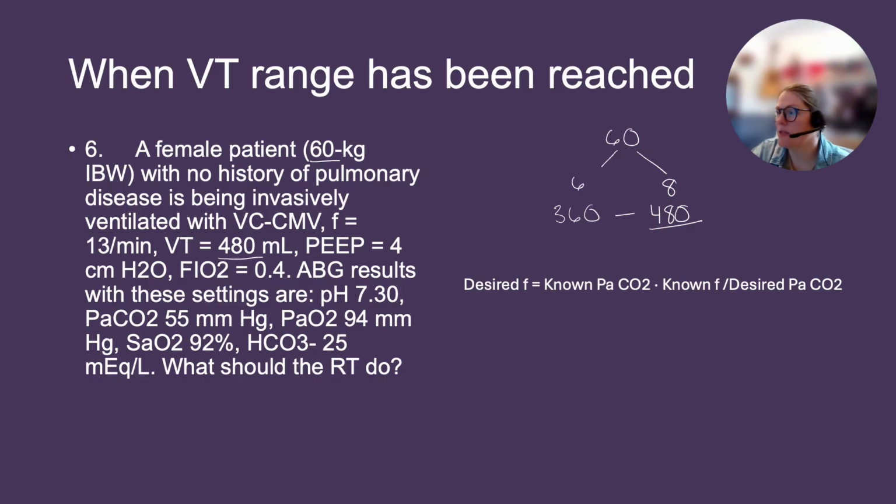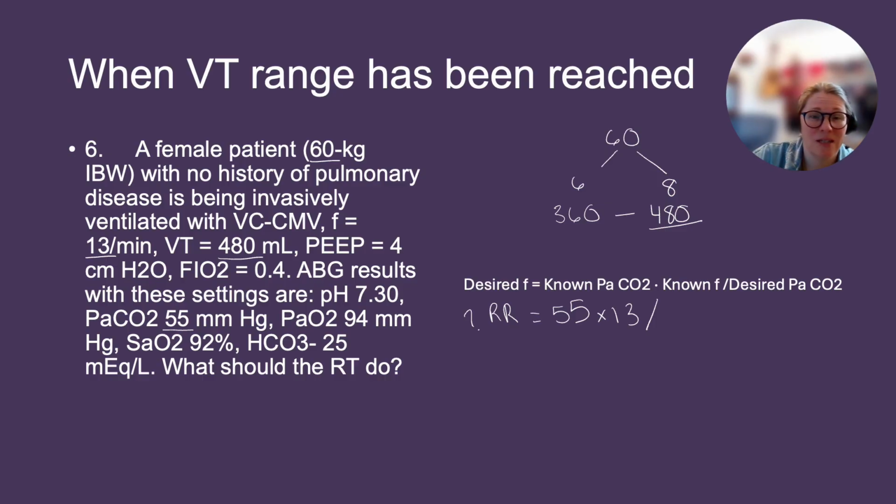Our known CO2 is 55. Our known respiratory rate is 13. And it doesn't give us what we want, but we know what normal range is. So normal CO2 is 35 to 45.